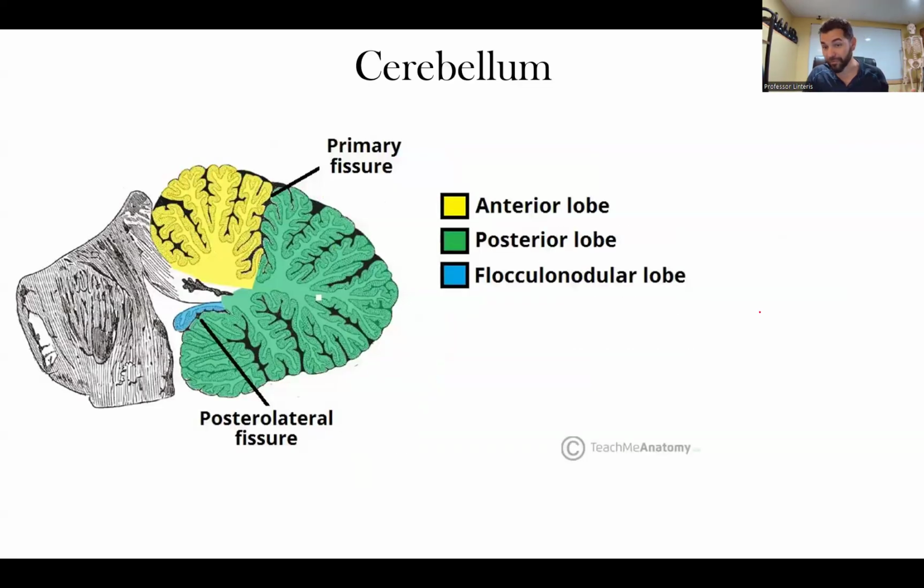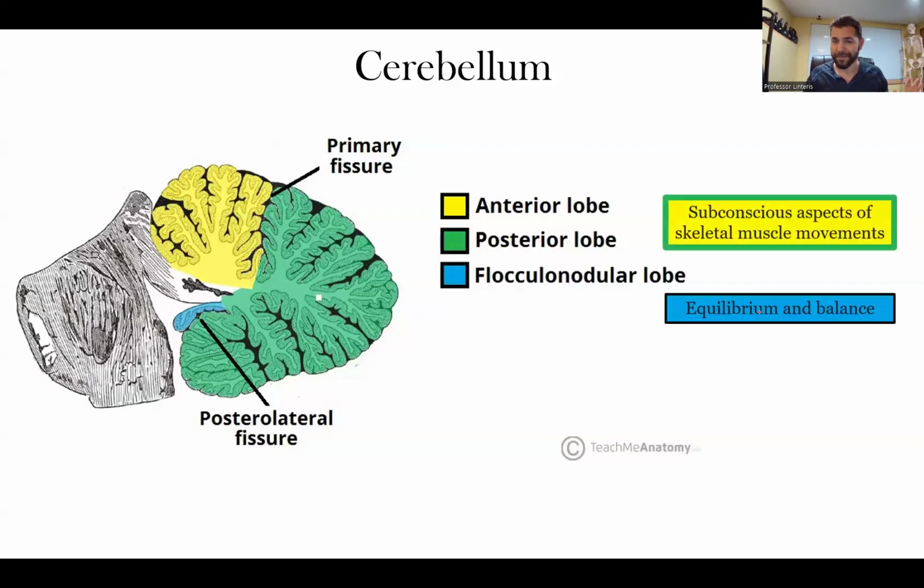There are a couple different regions, and this is more anatomy. You don't necessarily need to stress a lot about this, but we have a subconscious aspect of skeletal muscle movement and equilibrium, and there are different areas responsible for different things.